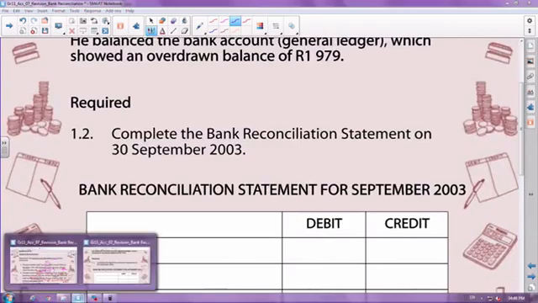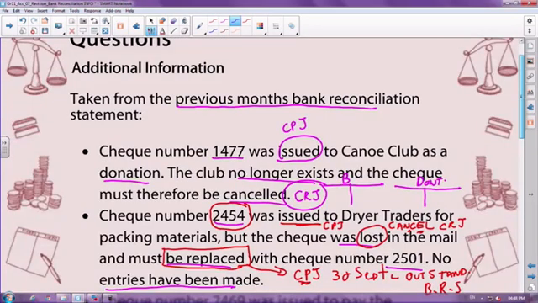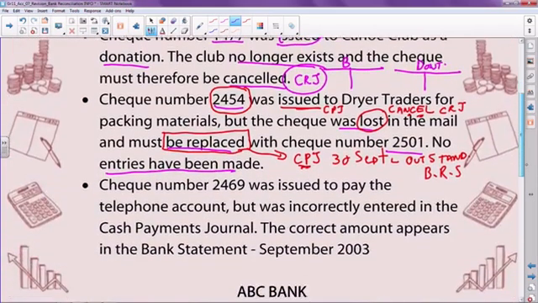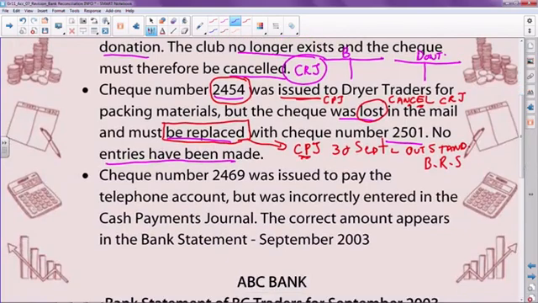Next bit of information. The third information that's given to us: check number 2469 was issued to pay the telephone account but was incorrectly entered in the cash payments journal. The correct amount appears in the bank statement for September 2003.